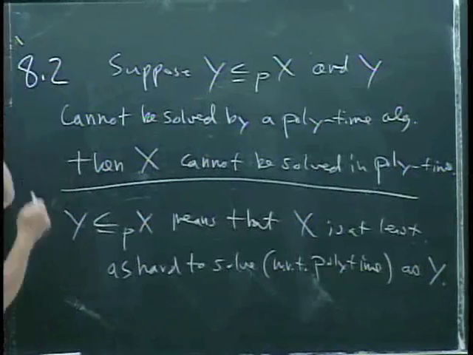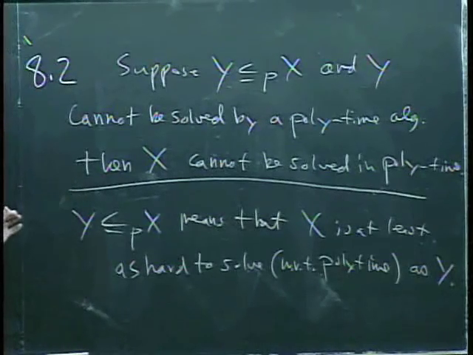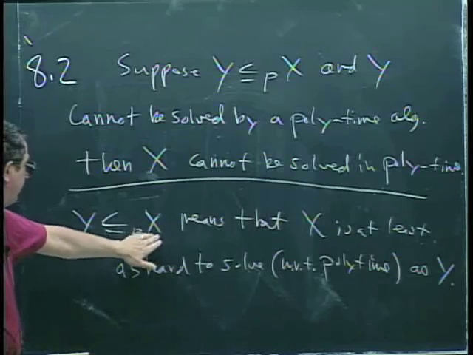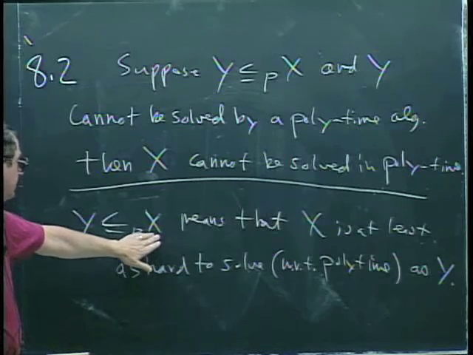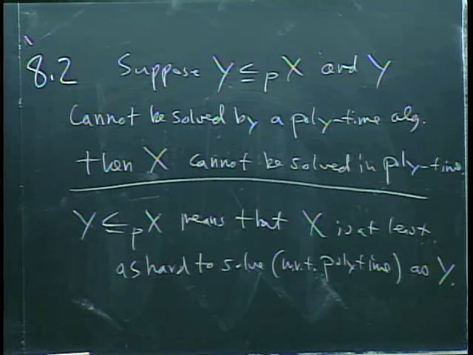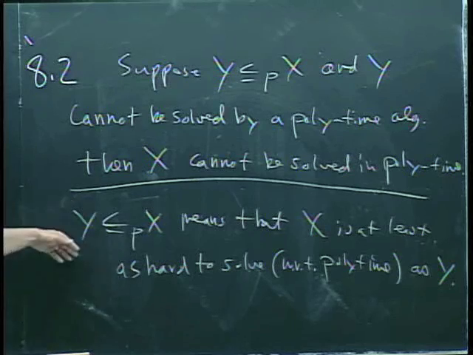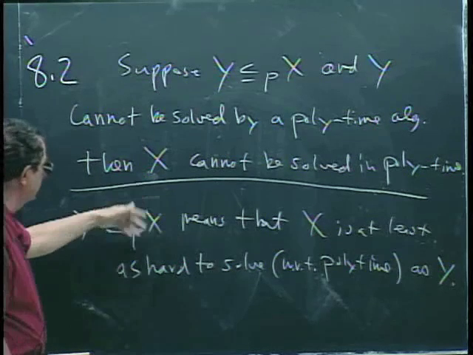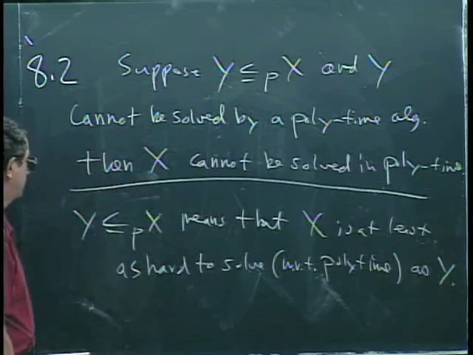So you think, what does that really mean? Well, if we had a fast algorithm for x, we would have a fast algorithm for y. That's what this thing says. So if we don't have a fast algorithm for y, we can't have a fast algorithm for x.